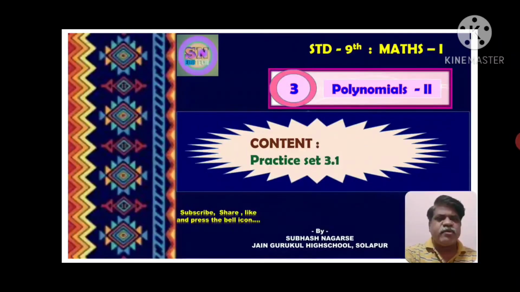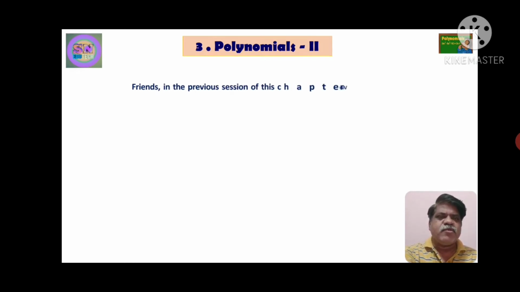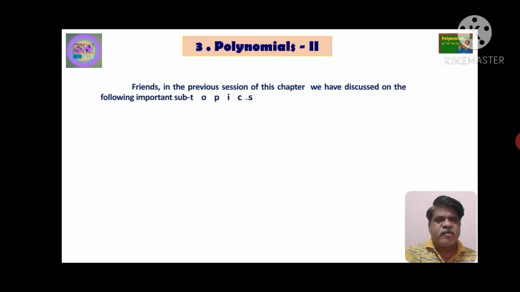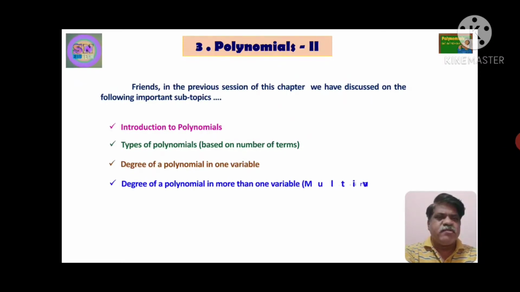In this session, we are going to discuss practice set 3.1. Friends, in the previous session of this polynomial part 1, we discussed the following important subtopics of this chapter: introduction to polynomials, types of polynomials based on the number of terms, degrees of a polynomial in one variable and in more than one variable, that is multivariable, and types of polynomials based on the degree.